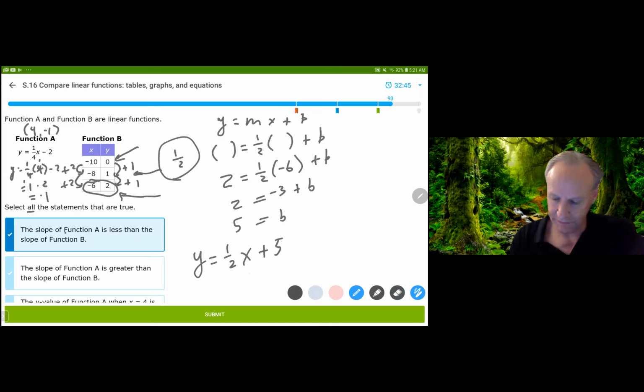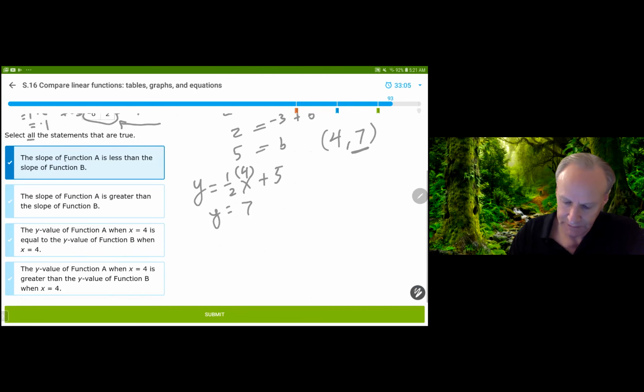And we want to substitute in 4. When I put a 4 here, I'm going to get 2 plus 5, or 7. So (4, 7). Clearly, this one has a much larger value than the one for function A. So function B is larger.